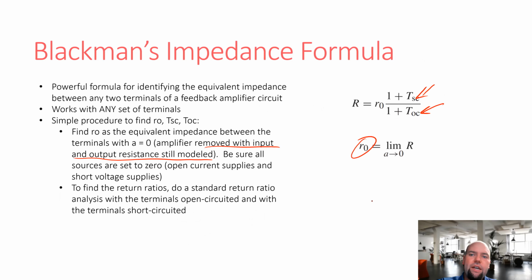One thing I want to note is that Blackman's impedance formula is very powerful for finding equivalent impedance. But as I said at the beginning of this lecture, the value is not so much in calculating it from scratch using data in a data sheet. A lot of times the value is in measuring these parameters experimentally and then having this powerful equation that we can use to model the system.